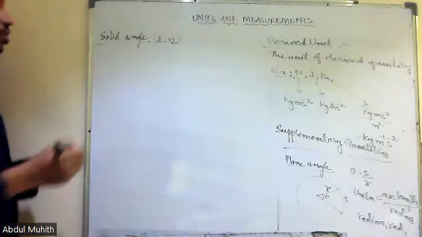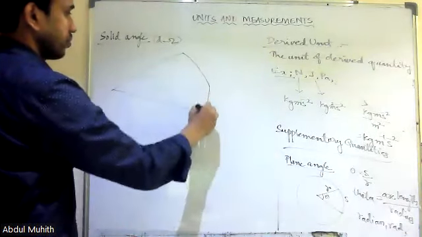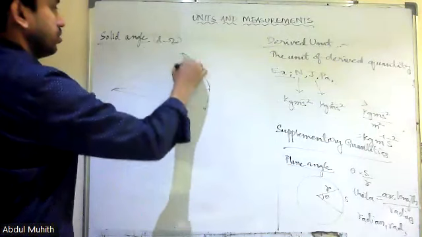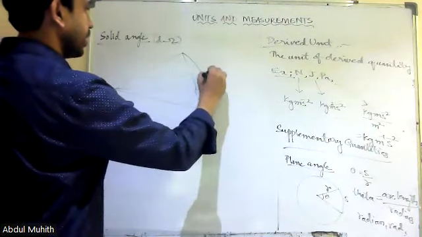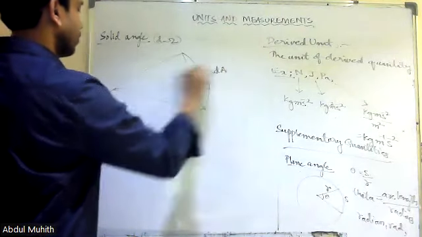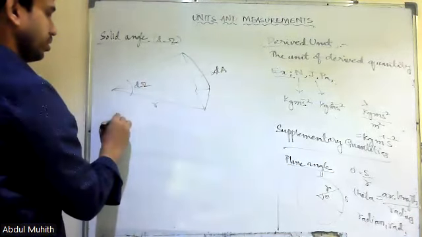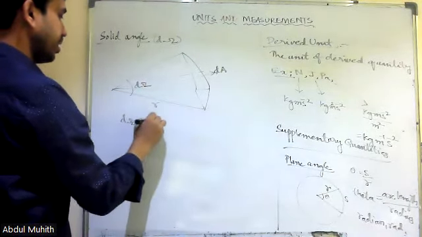So now here we have this, which is dA, and this is d omega. This is r. So what is the formula here? d omega equals dA by r square.